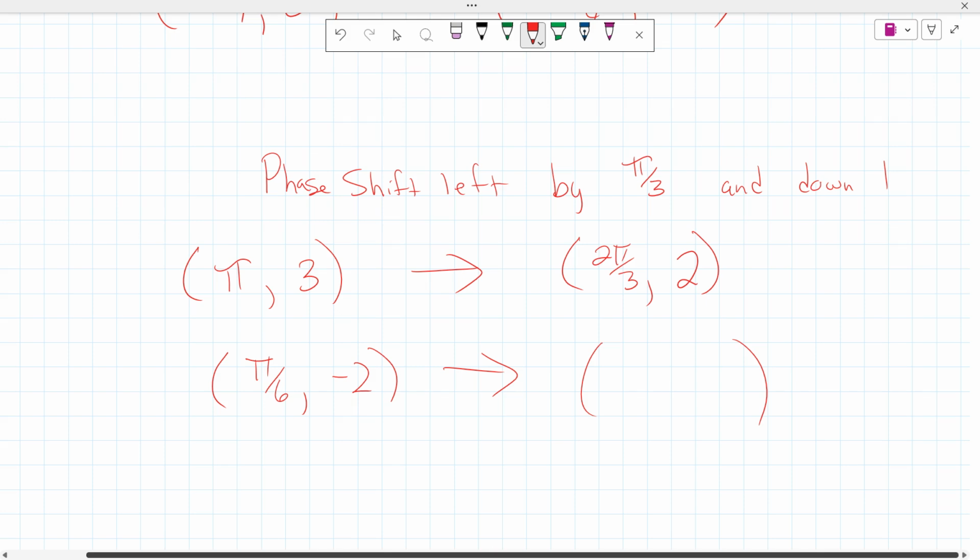Pi over 6 minus pi over 3 is 1/6 minus 1/3, 1/6 minus 2/6, negative 1/6, so negative pi over 6. Negative 2 minus 1 is negative 3. Okay? So you'll have some problems like that.